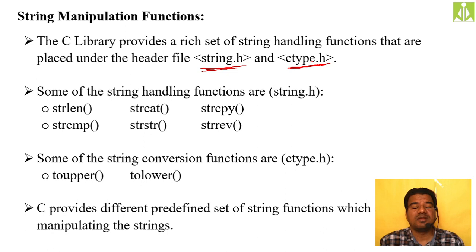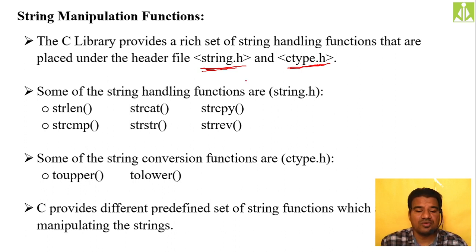For normal integer, float, double or boolean values, we have operators like addition, subtraction, multiplication to manipulate the normal data elements. But being a specialized data element, a string cannot be manipulated with all those normal operators. So we need special predefined functions to manipulate the strings. Those special predefined functions are nothing but your string manipulation functions.